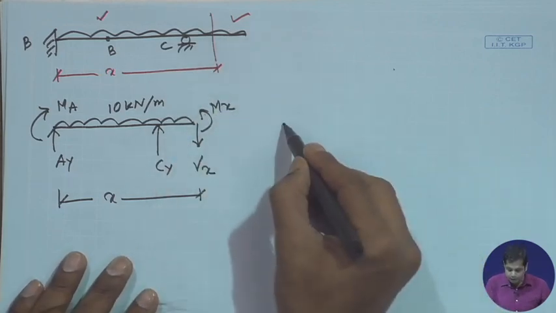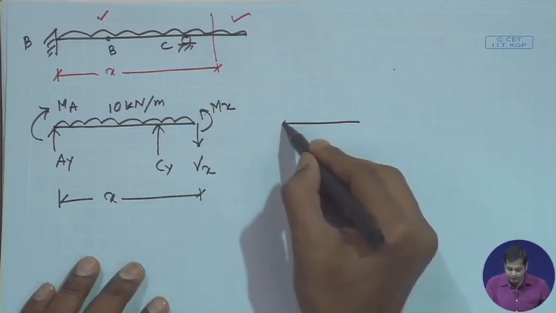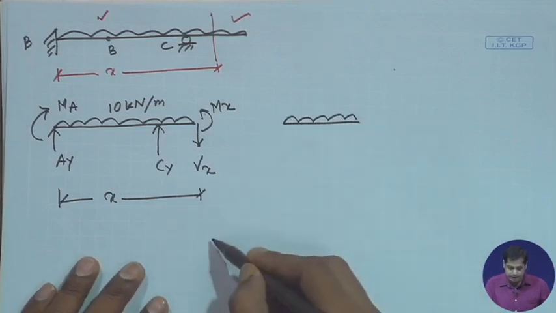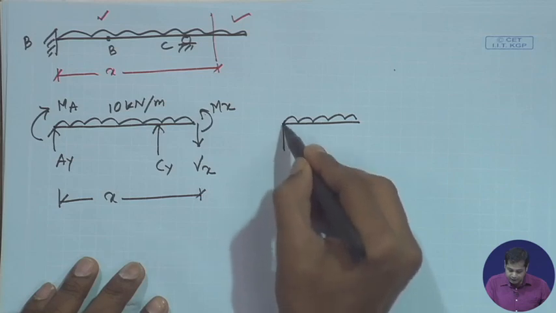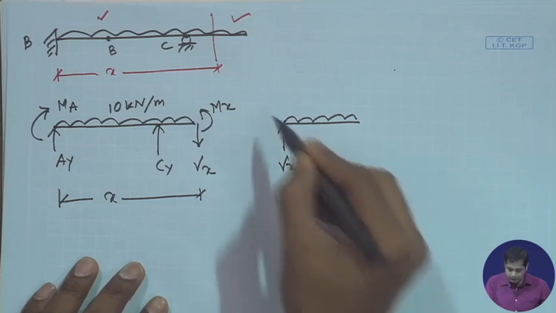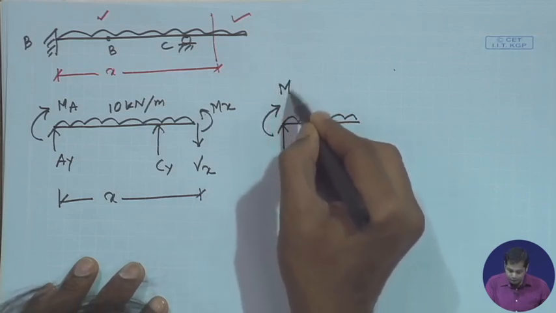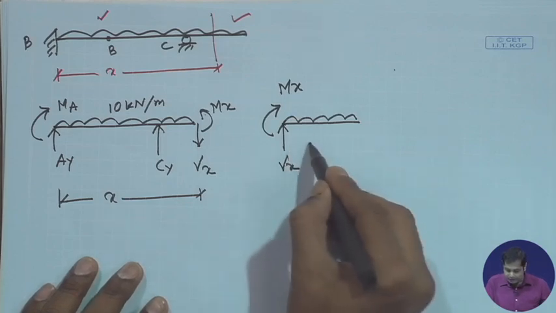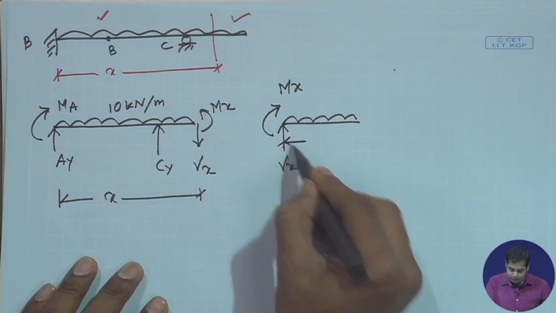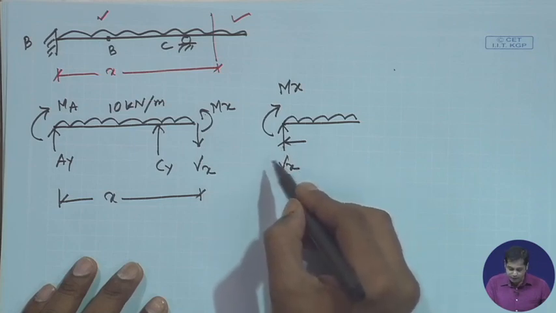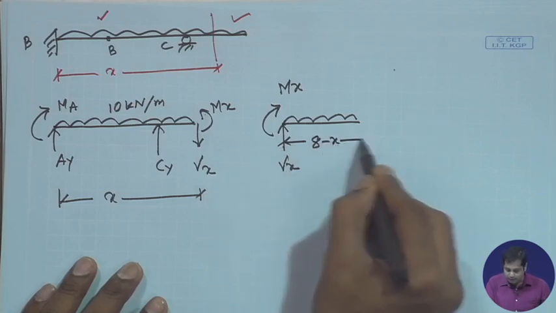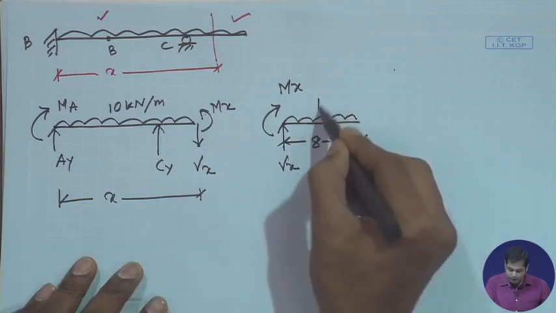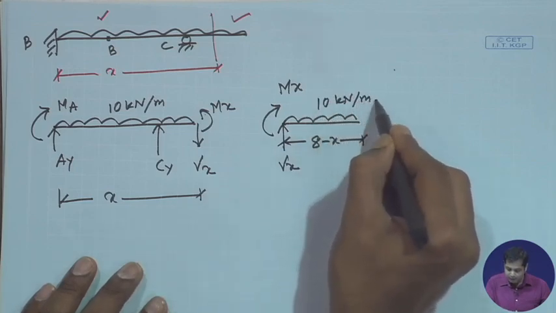the free body diagram of this part will be this. Vx, and sagging moment positive, this, and this distance will be, total distance is 8 meter, so 8 minus x. Okay. And this is 10 kilonewton per meter.